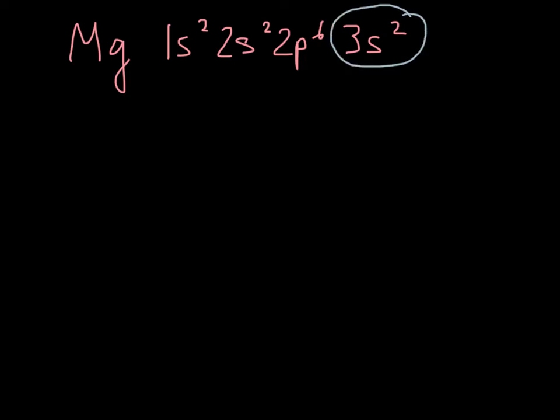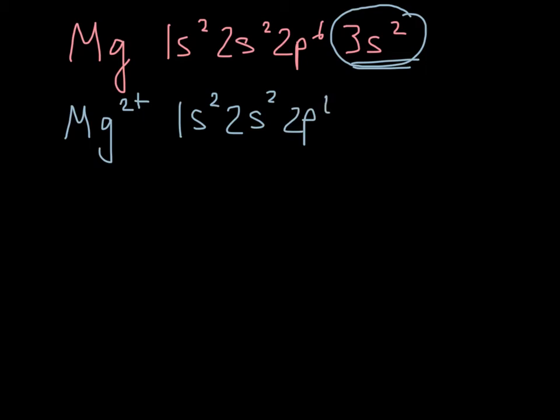What if I have magnesium? 1s2, 2s2, 2p6, 3s2. First thing we're going to do is say how many valence electrons does it have? 2. So it's going to lose these to form Mg2+, 1s2, 2s2, 2p6.